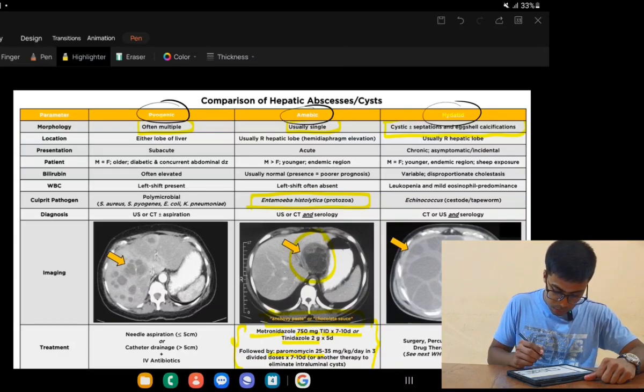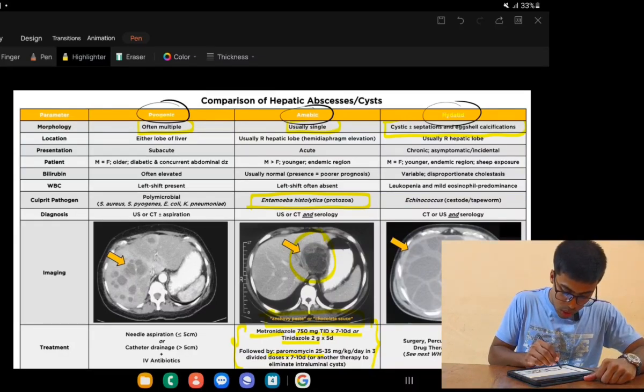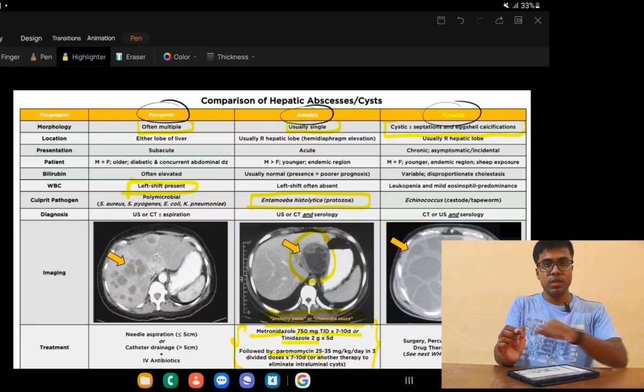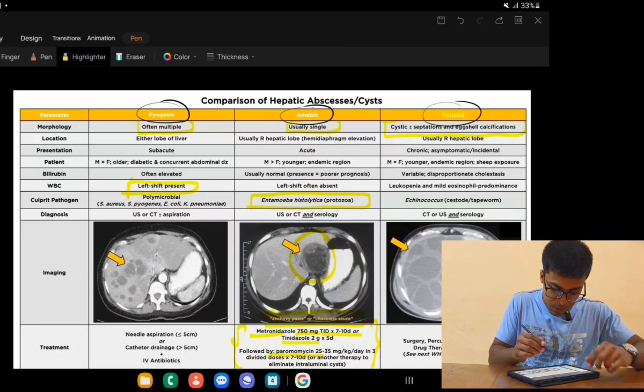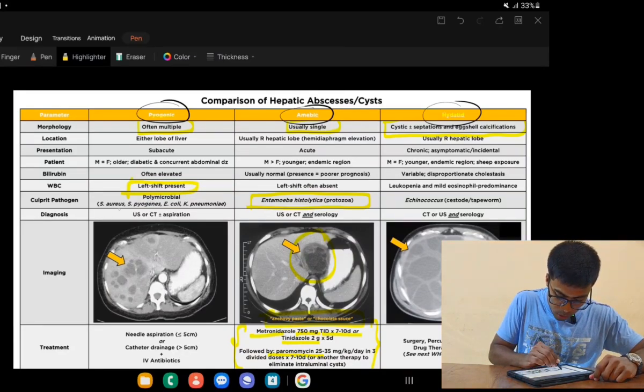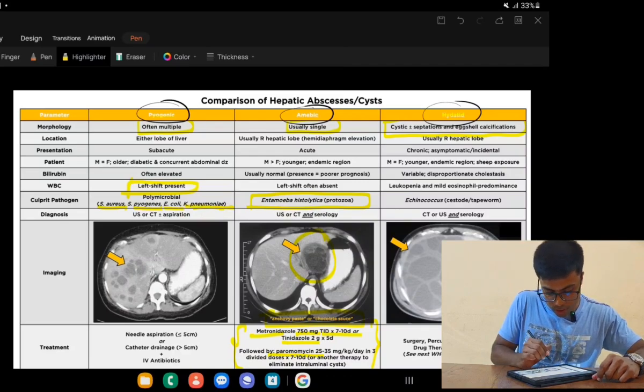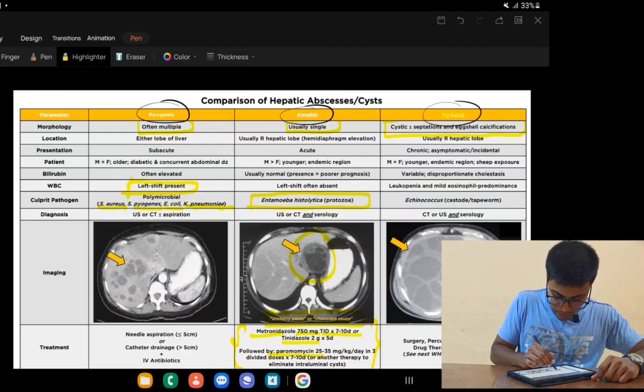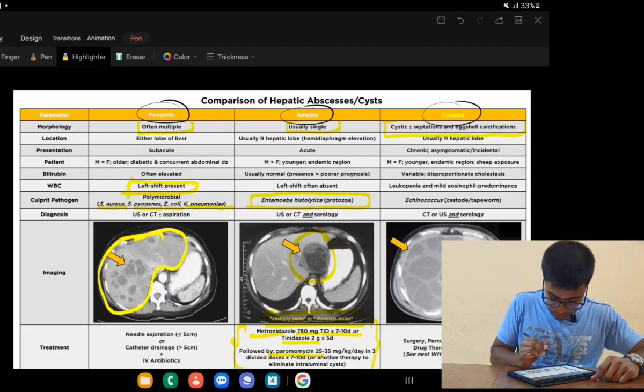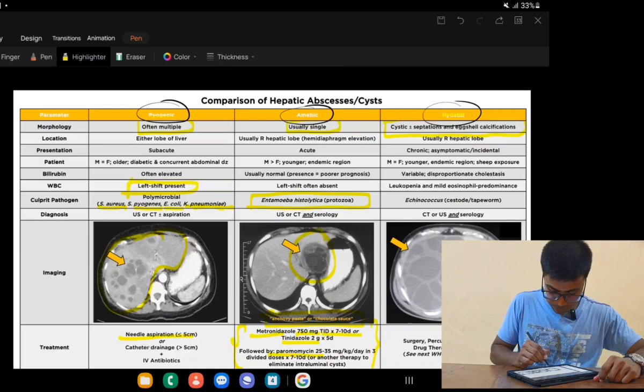But before moving on, you should know the other two conditions also. In either lobe of the liver, if the presentation is subacute and there is a left shift, that is leukocytosis or left shift, with polymicrobial or Staph aureus, Staph pyogenes, E. coli, Pseudomonas, and pneumonia, and imaging is given like this, then needle aspiration, catheter drainage or IV antibiotics are needed.